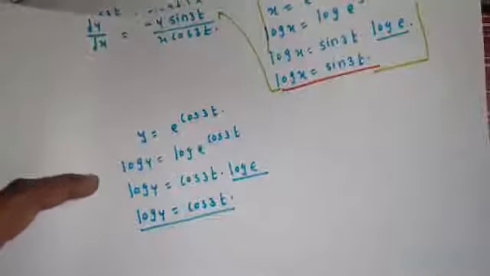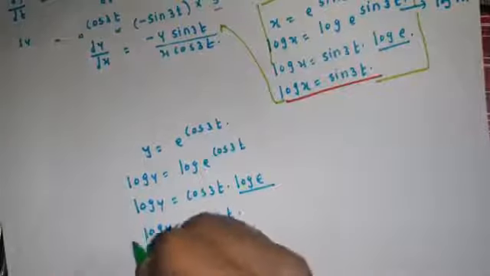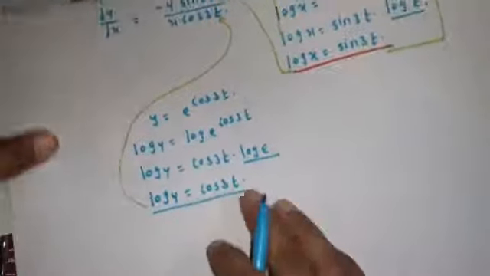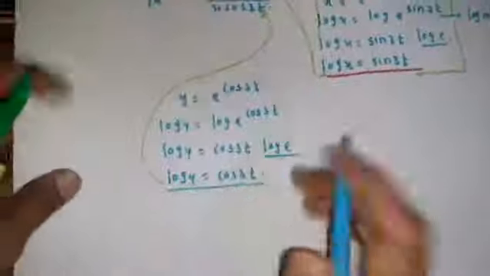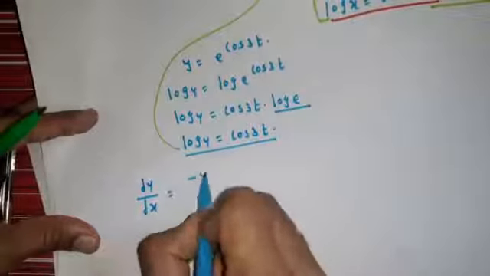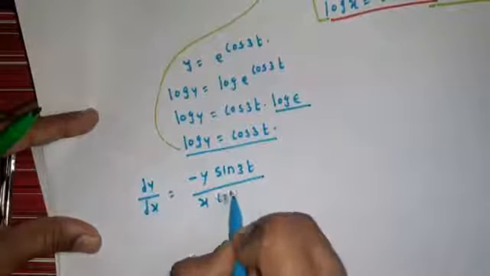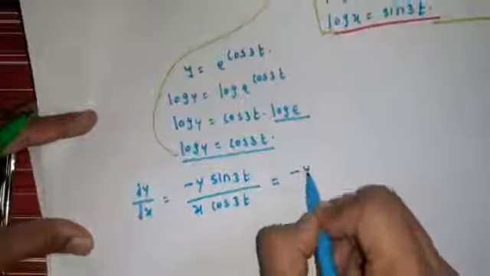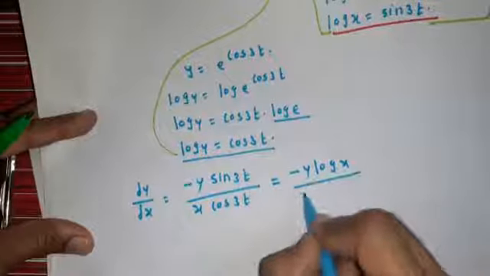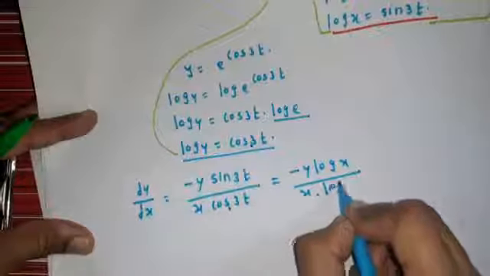Put this value here at the denominator. In this way we will get dy by dx equal to minus y sine of 3t upon x cos of 3t, that is minus y, this value sine of 3t is log of x, into the value of cos of 3t which is log of y.